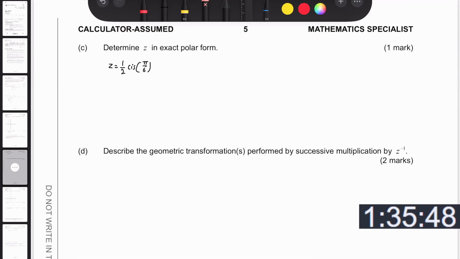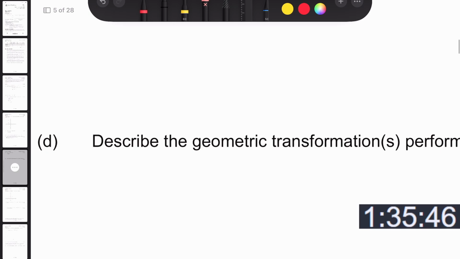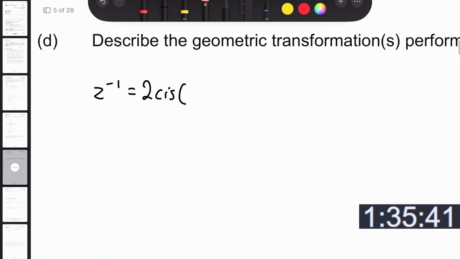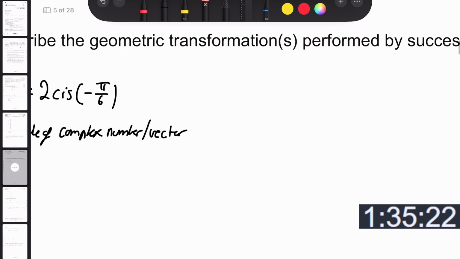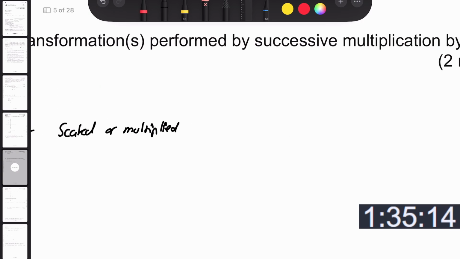Successive multiplications of z to the negative 1. z to the negative 1 is equal to 2 cis of negative pi on 6. So then magnitude of complex number slash vector scaled or multiplied by a factor of 2, doubled.